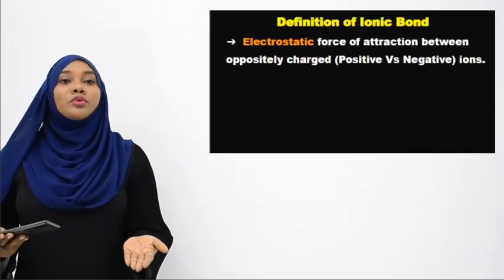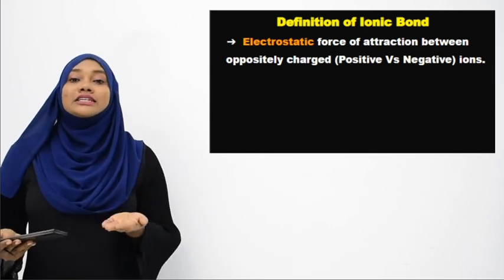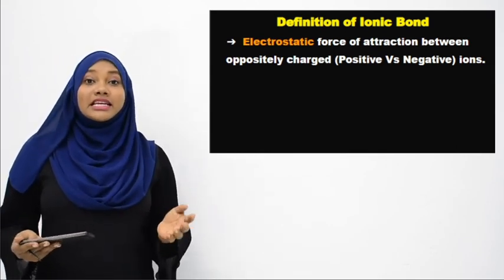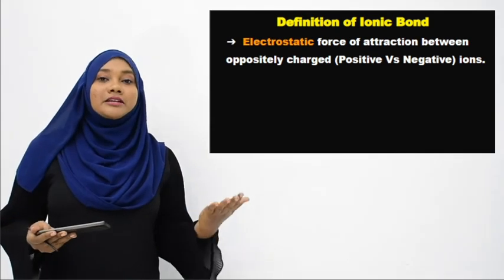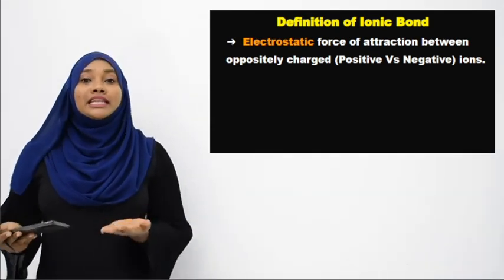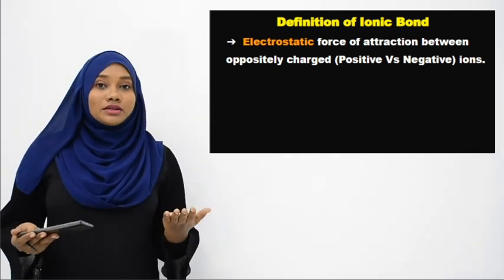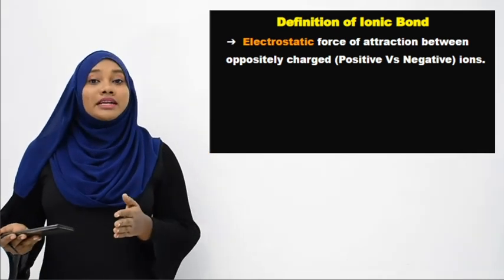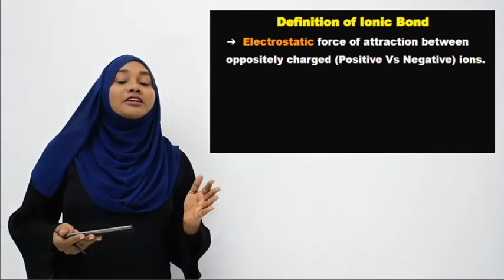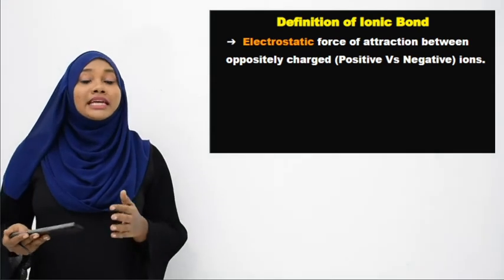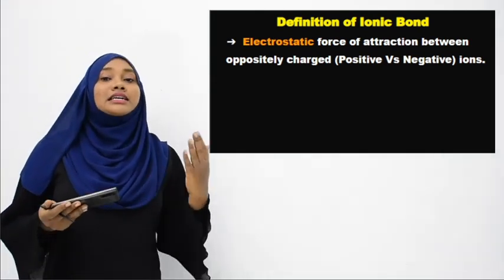So ionic bond is the electrostatic force of attraction. Remember the term, the electrostatic force of attraction between oppositely charged ions. Once again, ionic bond is the electrostatic force of attraction between oppositely charged ions.